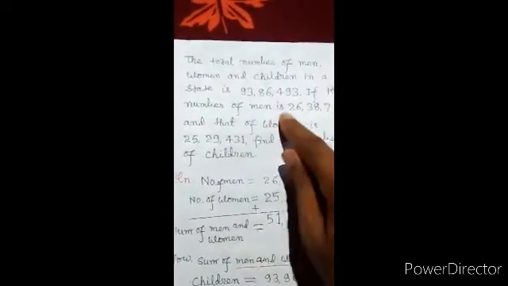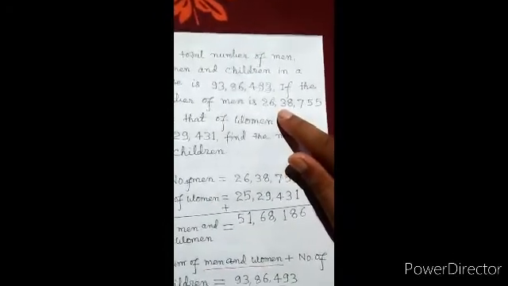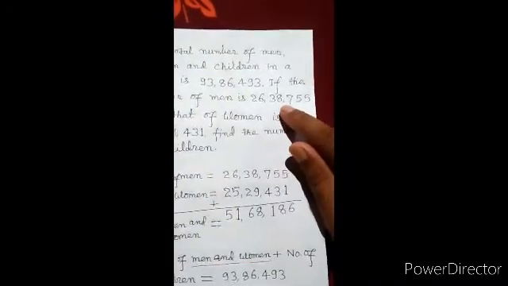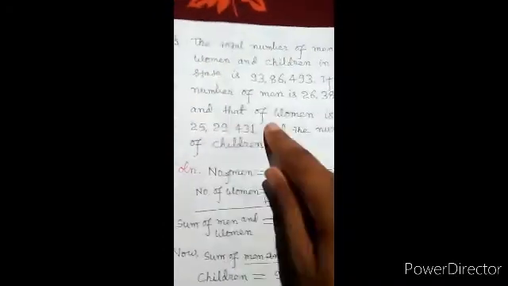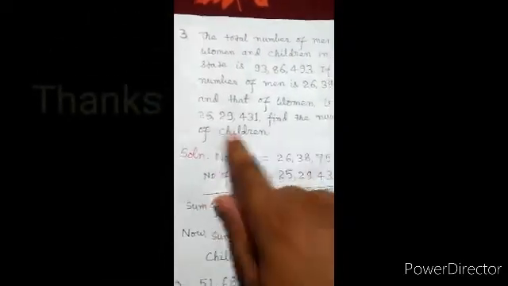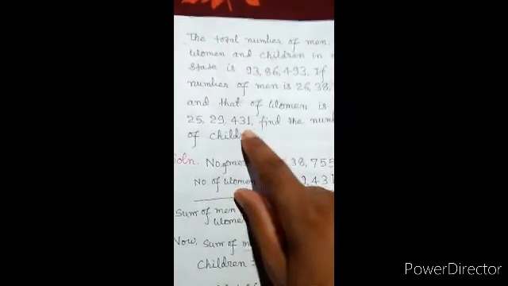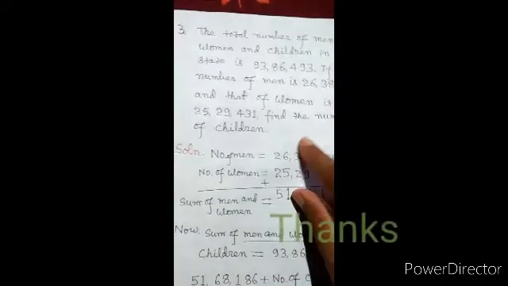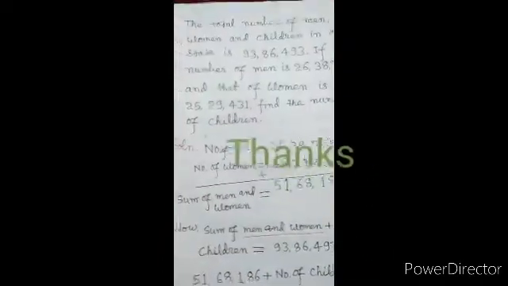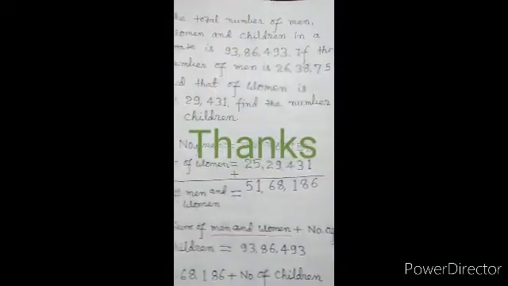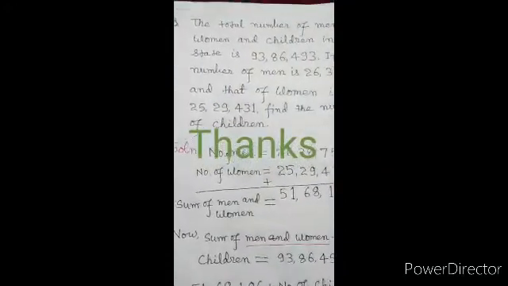If the number of men is 26,38,755 and that of women is 25,29,431, find the number of children. The number of children is missing, and it is the sum of all these three types.